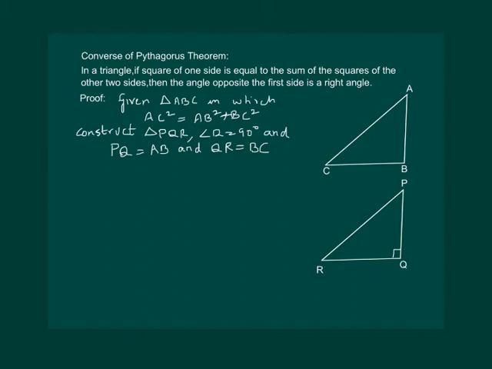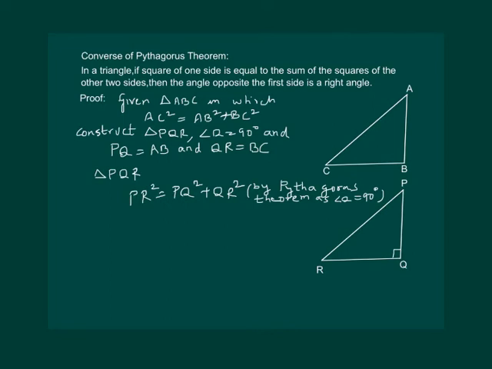Now from triangle PQR we have PR square equal to PQ square plus QR square by Pythagoras theorem. Let us substitute the value of PQ equal to AB and QR equal to BC here. We get PR square equal to AB square plus BC square. This is by construction that we have done.